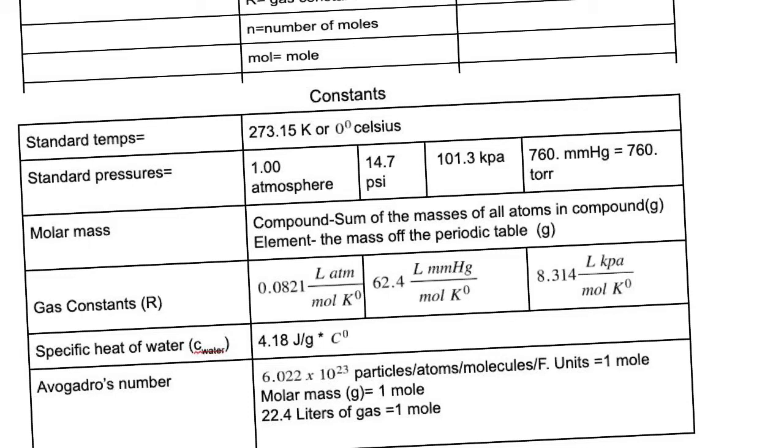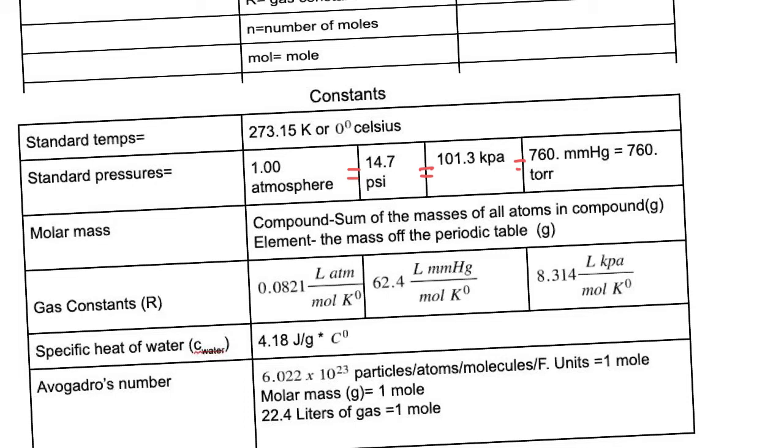So what this means is 1 atmosphere is equal to 14.7 psi, which is equal to 101.3 kPa, and these are all equal to each other. So I've got kPa for my problem, so I'm going to need that 101.3, equal to 1.00 atmospheres.